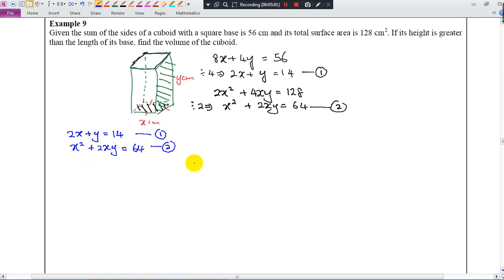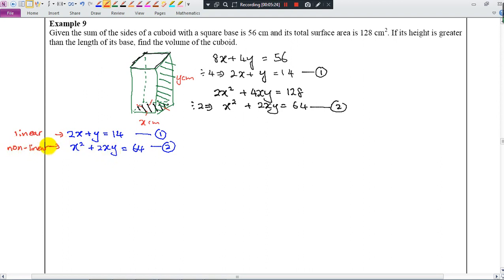So what's the next step? Remember, first is to determine which one is linear, which one is non-linear. From here, you know that the first equation is linear, and the second one is non-linear because you have x squared and you have xy.